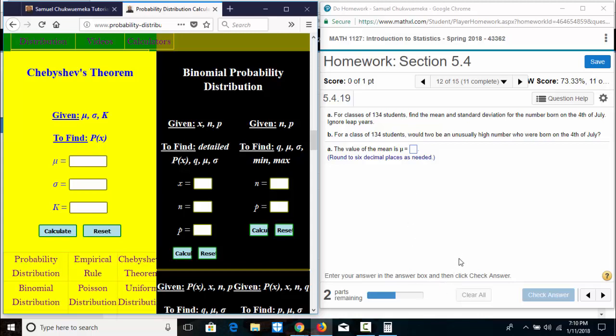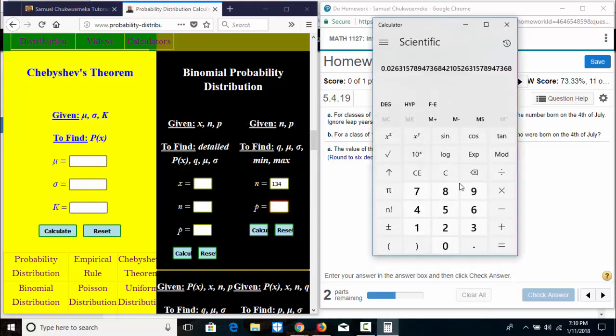So the probability that a student was born on the 4th day of July, which is just 1 day out of 365 days, would be 1 out of 365. So our sample size in this case is 134, and the probability is 1 divided by 365 equal to.